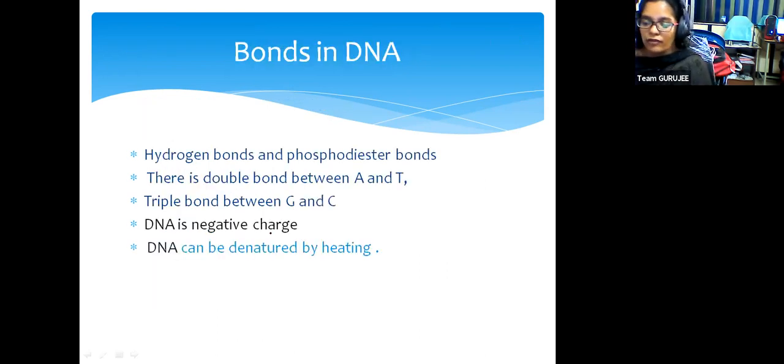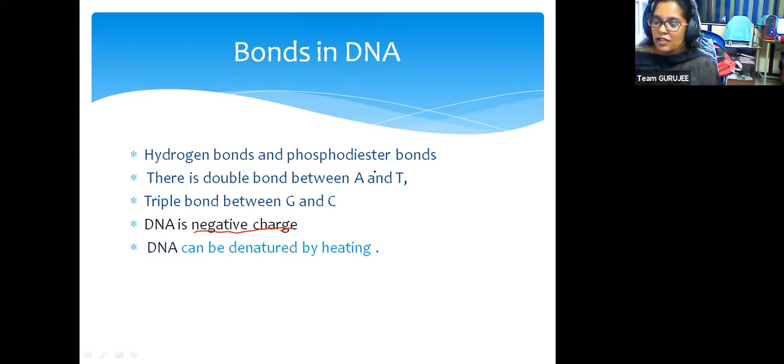Okay, likewise, there you will get some sums. Now, bonds in DNA: hydrogen bonds and phosphodiester bonds are present in DNA, which we have seen already in the diagram. What is the charge of DNA? Negative charge. DNA is negatively charged.